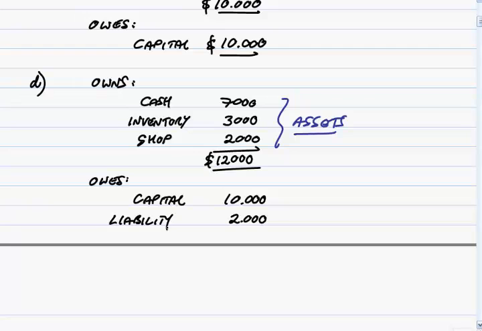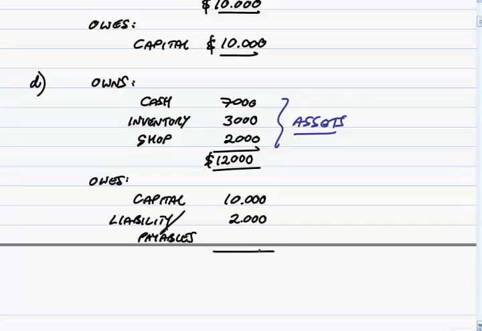We call it a liability when we owe money to other people. Remember, if we owe it to the owner, it's capital. Money owed to anybody else is a liability. And the person we owe it to is a payable. So we've payables of 2,000 with a liability of 2,000.